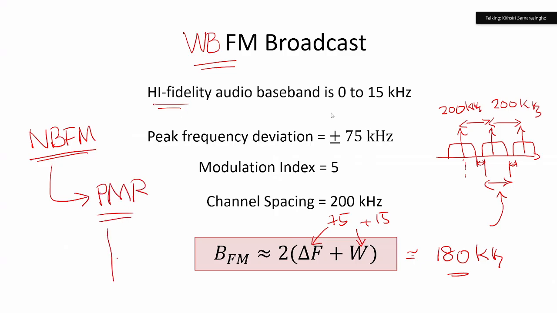Under PMR, you have categories like DMR, Digital Mobile Radio Standard. They have 1, 2, 3 categories. DMR 3 is more advanced with trunking capability.